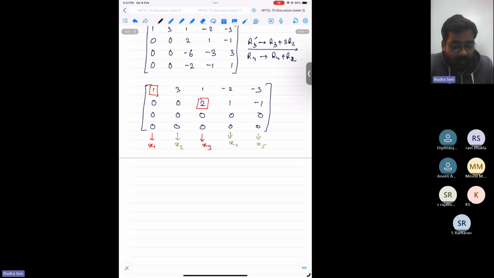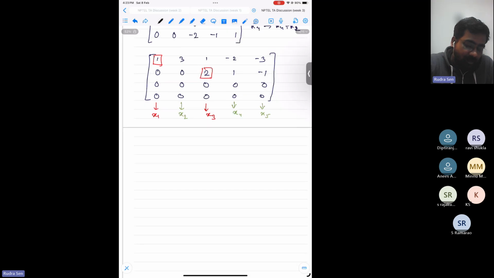So from here we can assume that there exist three linearly independent basis vectors for null space, because we have to choose 1, 0, 0, then 0, 1, 0, then 0, 0, 1. These are the three primary combinations that we can consider.